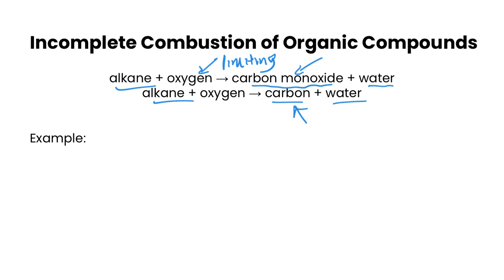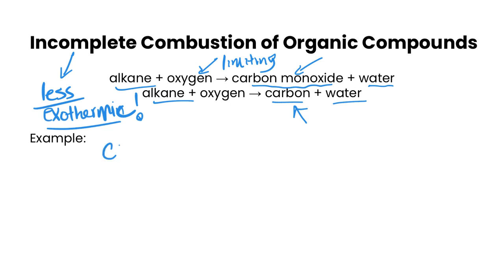All of these reactions can occur simultaneously with complete combustion reactions, but in different ratios. And one other thing to note is incomplete combustion is less exothermic than the corresponding complete combustion reactions. So we get less energy from these incomplete combustions.